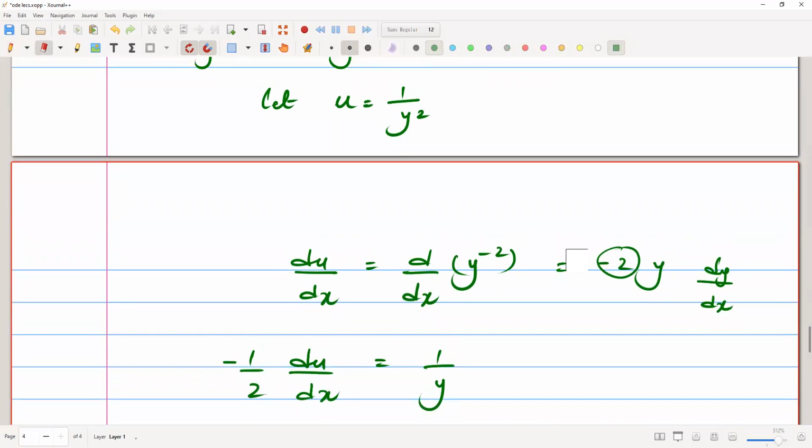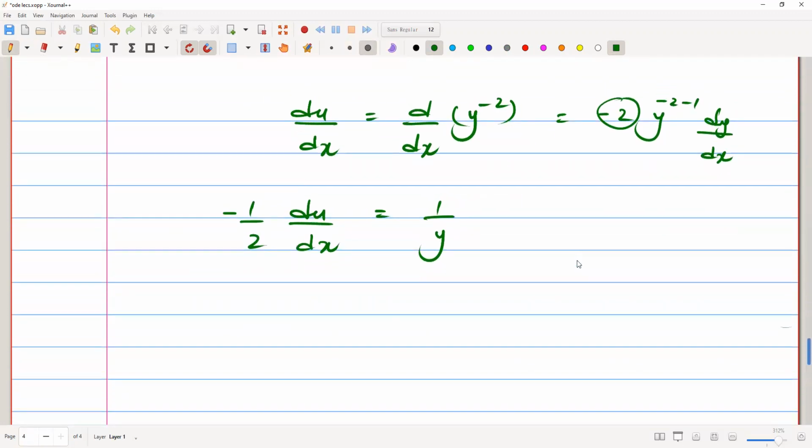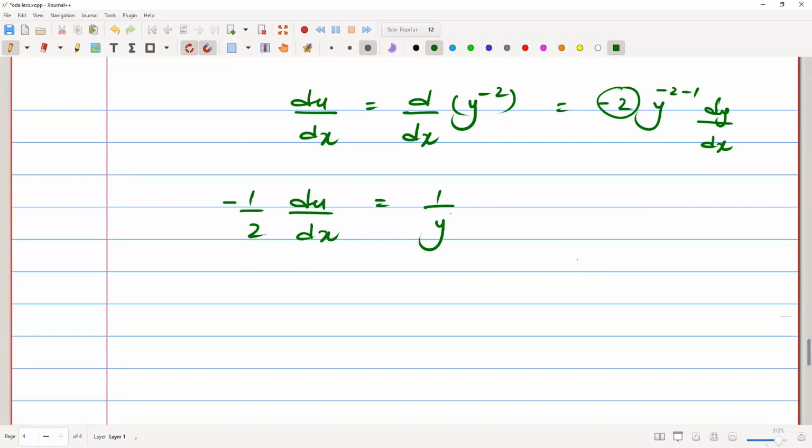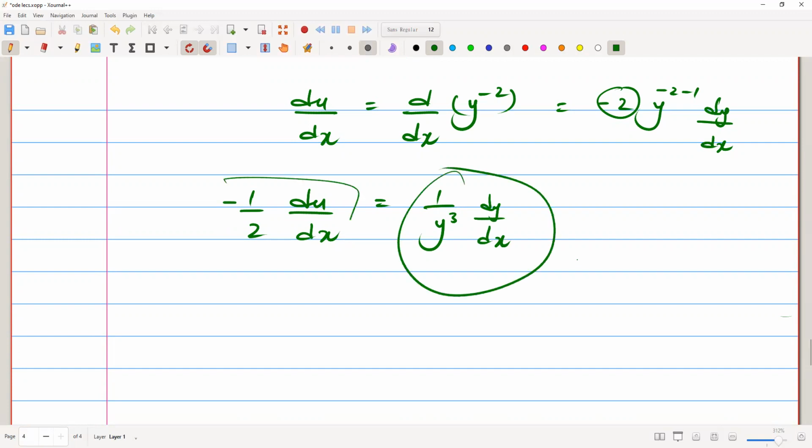This is n minus 1, not n plus 1, right? So it's -2, -1. So we have 1 over y cubed dy by dx.